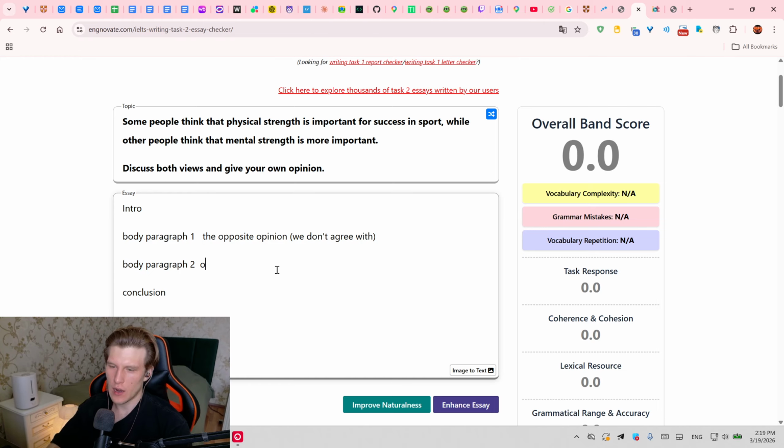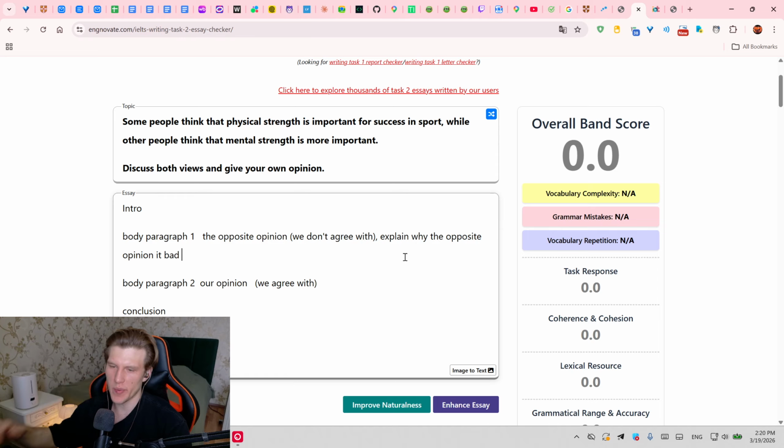Here, our opinion, the one we agree with. And at the end of body paragraph 1, we're going to explain why the opposite opinion is bad in our opinion.